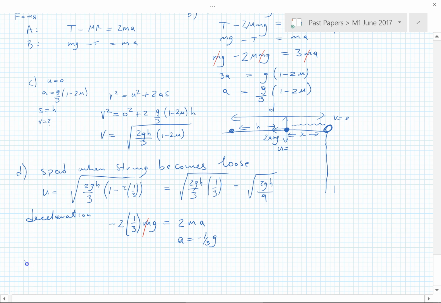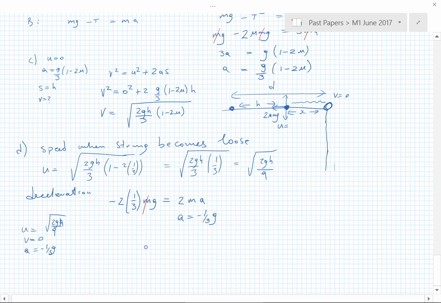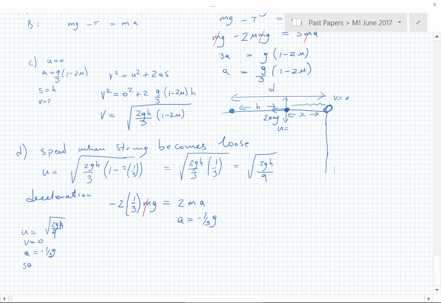So we've got v is 0, a is equal to minus a third g, u is equal to the square root of 2gh over 9, and we want to find s, which is equal to x. So we're going to use v squared equals u squared plus 2as.